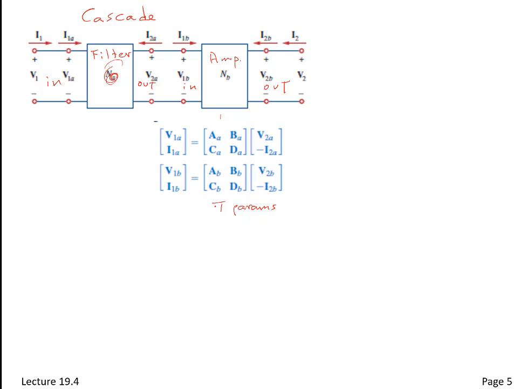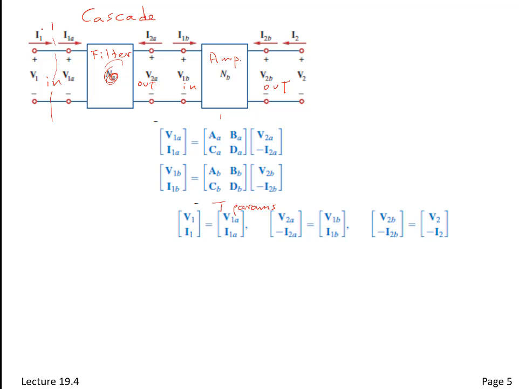Our T parameters. And we're going back to two networks, network A plus network B, right? So nothing's really changed here. The voltage at the input is the voltage, just this is our big network that we're going to analyze. That's the whole thing.